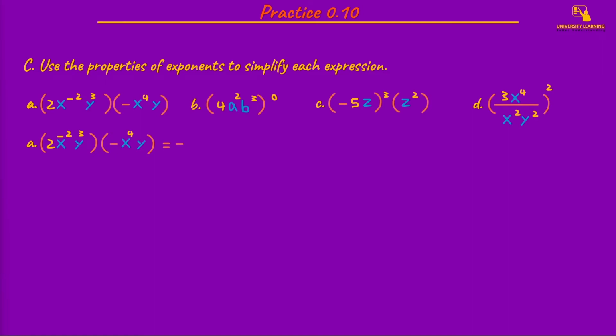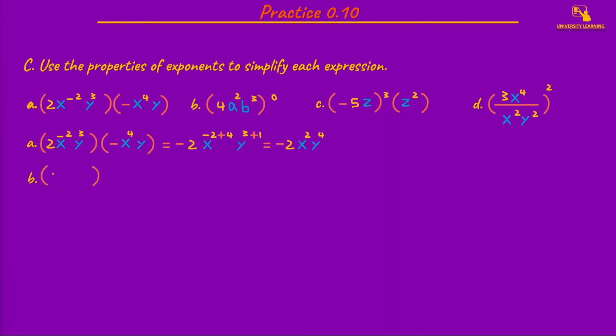It will equal negative 2 x to the power of negative 2 plus 4 and y to the third plus 1. Since there is a multiplication between these two parentheses, we just add the exponents of the same bases, like x to negative 2 plus 4, and the result will be equal to negative 2x squared and y to the fourth.